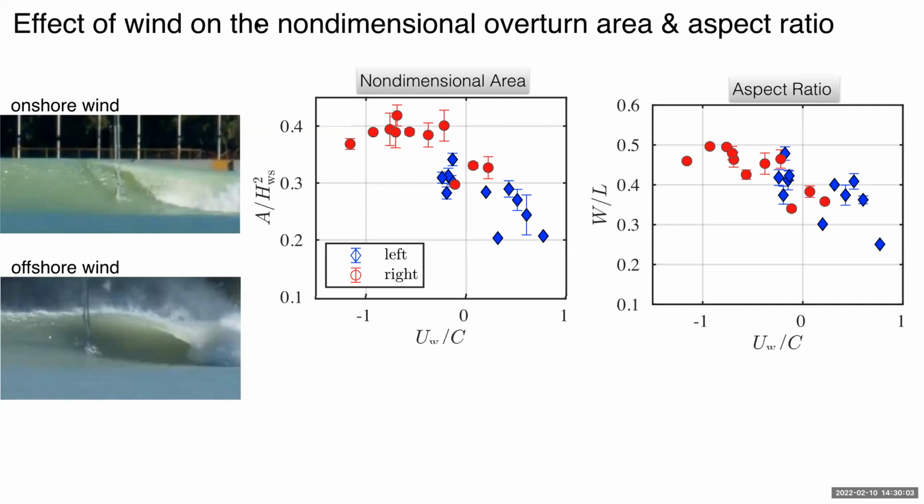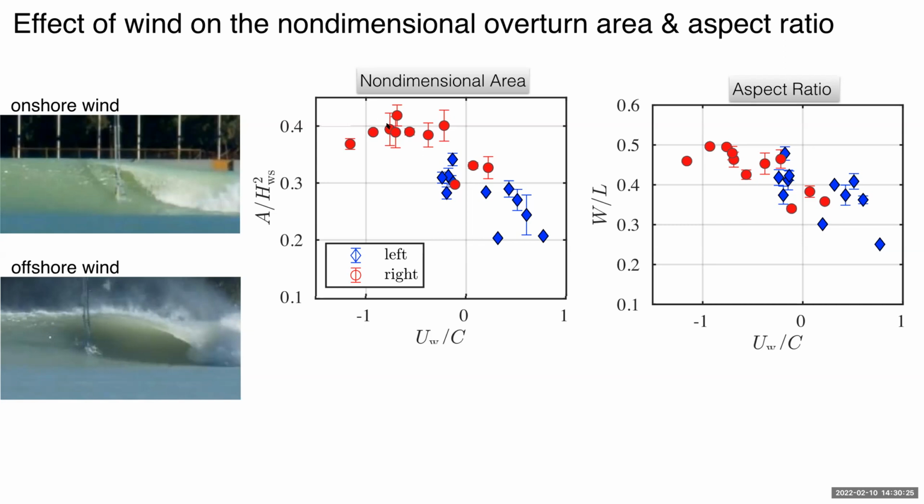If we look now at the non-dimensional overturn area and the aspect ratio, we also see a nice clear relationship. So for strong onshore winds, the non-dimensional overturn area is relatively small, and as the wind gets more and more offshore, it increases until it essentially saturates.